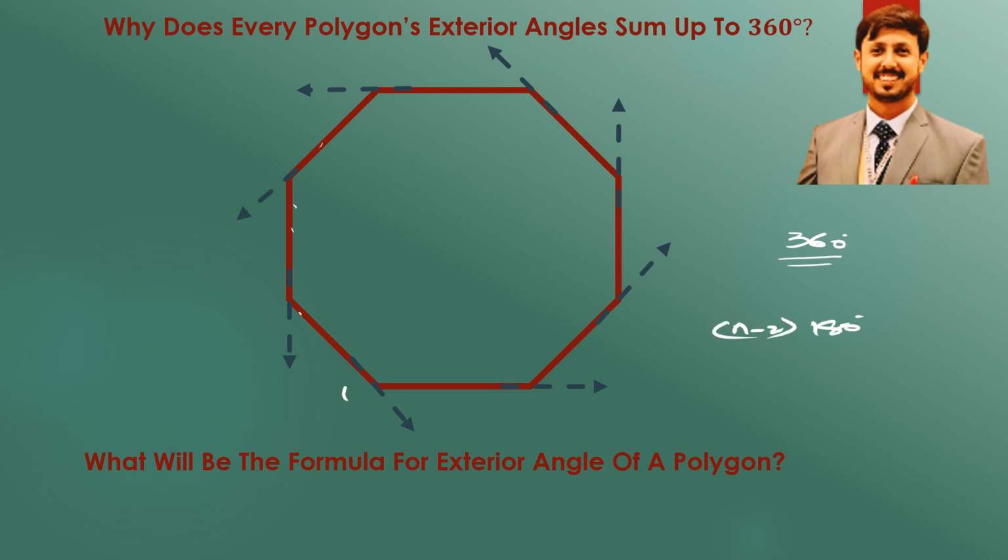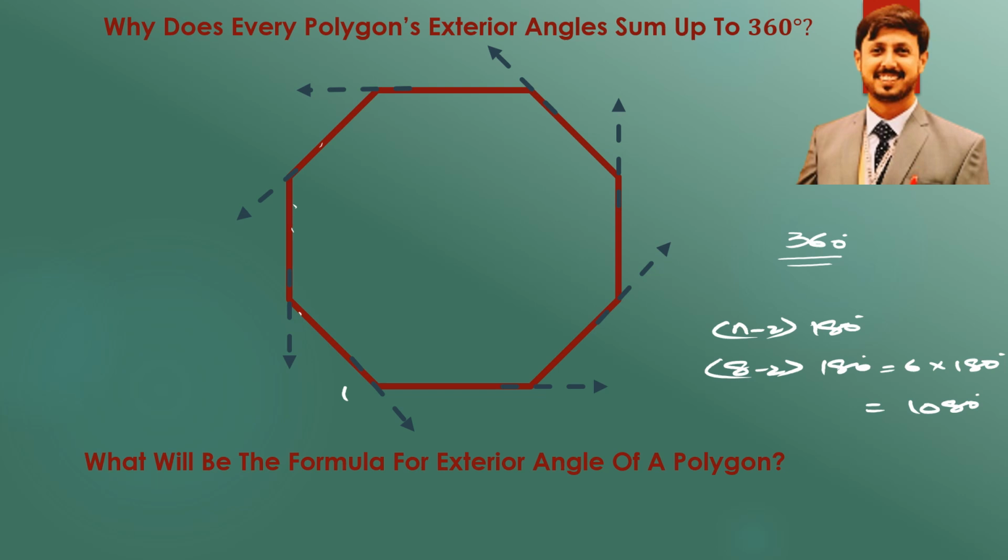By this formula you can find the sum of all the interior angles of any regular polygon. Here this is an eight-sided figure, so n is 8, and it is (8 minus 2) times 180 degrees, which equals 6 times 180 degrees, which equals 1080 degrees. This is the sum of all the interior angles.